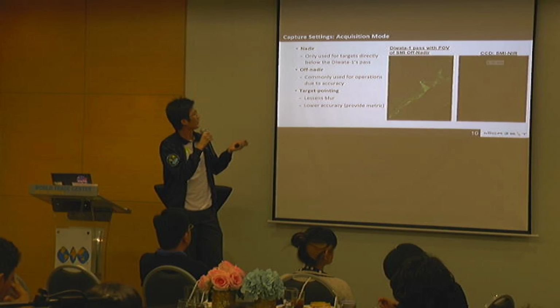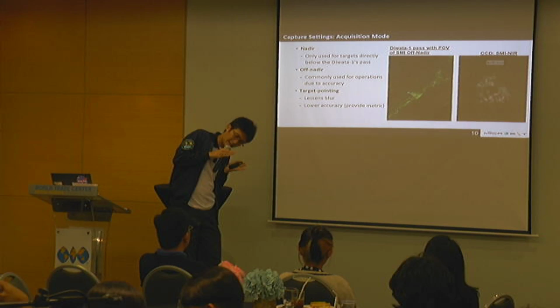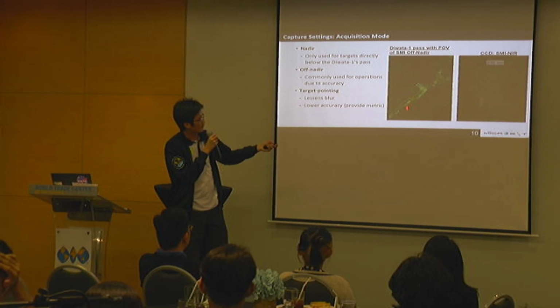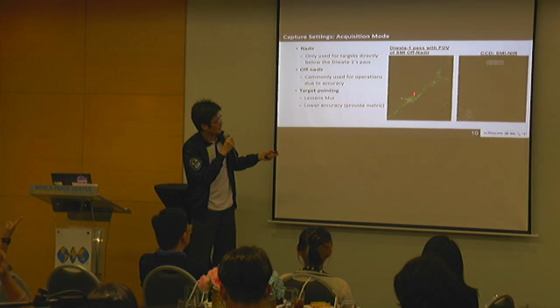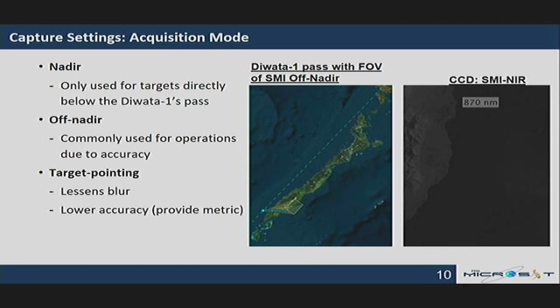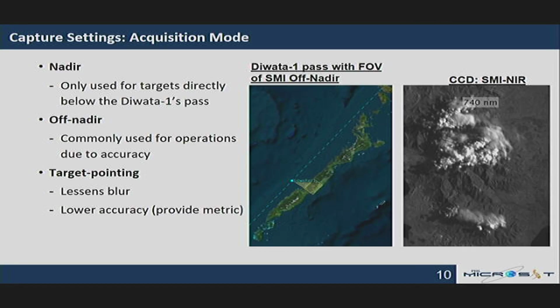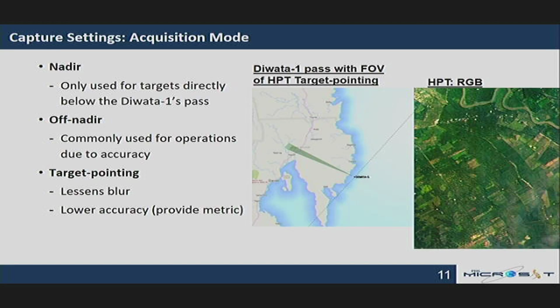Then when it's off nadir, while moving, it's actually tilted to the side. So you can see this little demonstration here. While Diwata 1 is moving, you can see that the position of the rectangle, or the projection of the image, is just fixed. So this is what it actually looks like while it's moving and taking pictures at the same time.